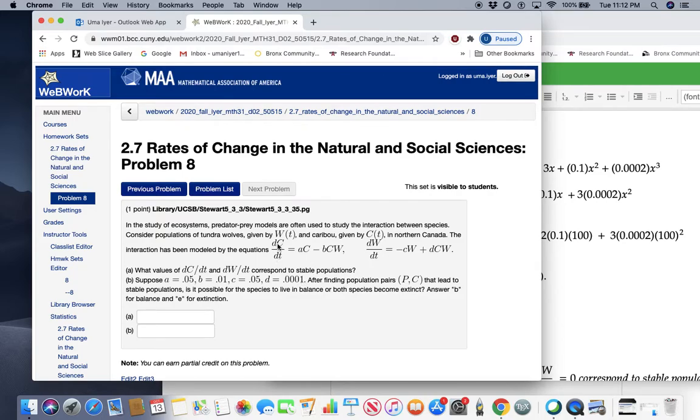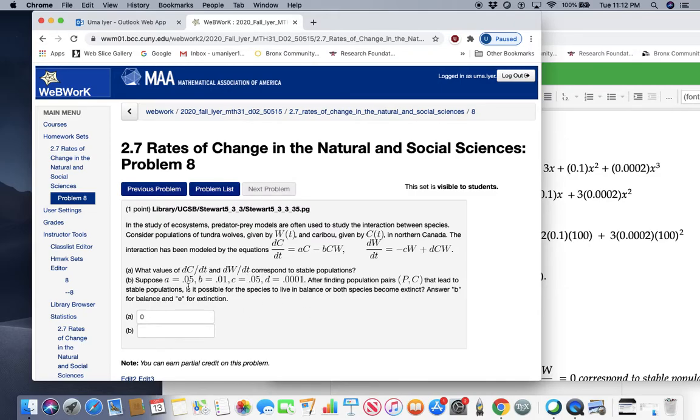Well, these are changes in population, correct? So if you want your population to remain stable, the change has to be 0. When change is 0, population is stable. Okay, so the rates of change of populations with respect to time have to be 0.